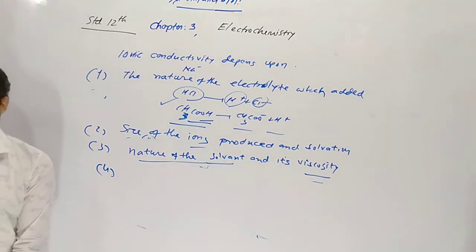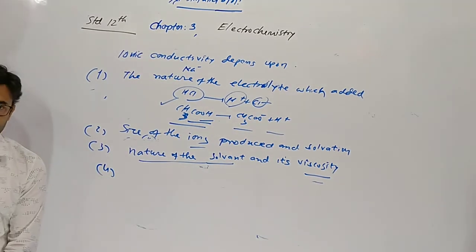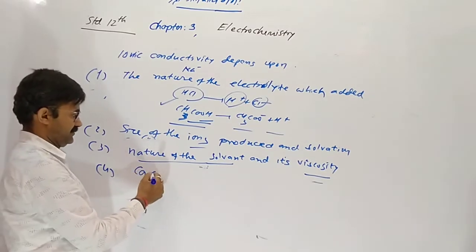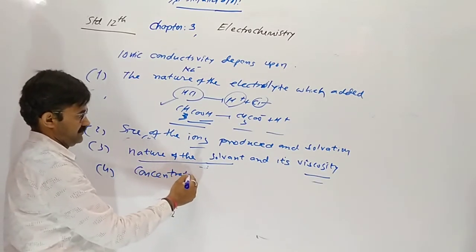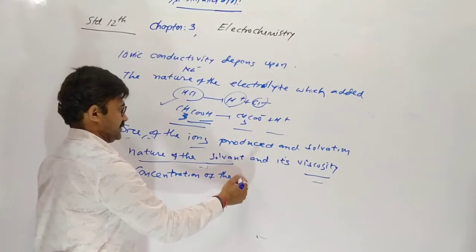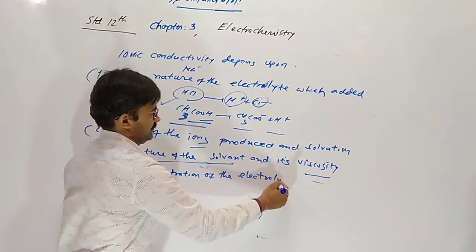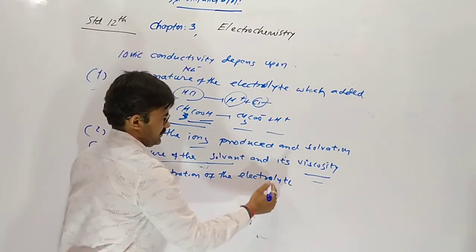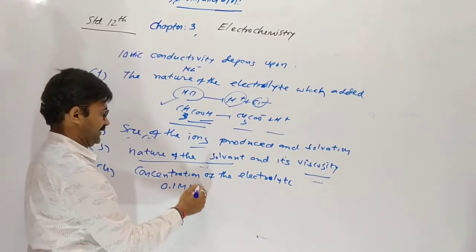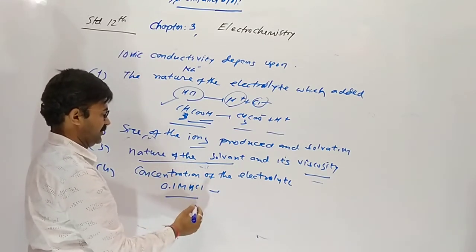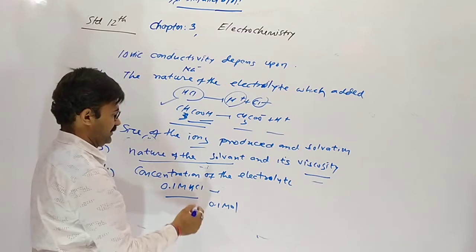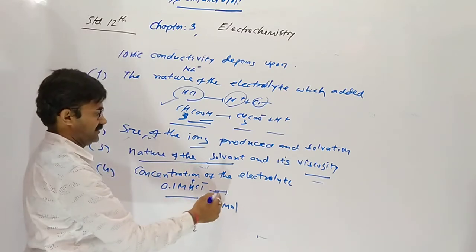Fourth one, concentration of the electrolyte. When we take 0.1 molarity HCl, it means in 1 liter it gives 0.1 mole of H plus and Cl minus.